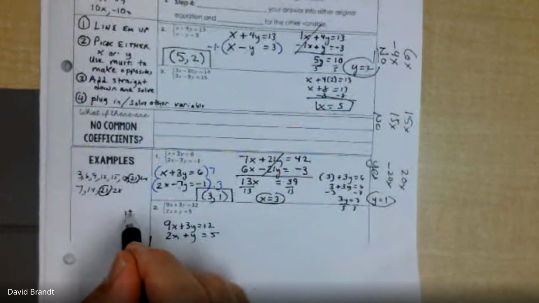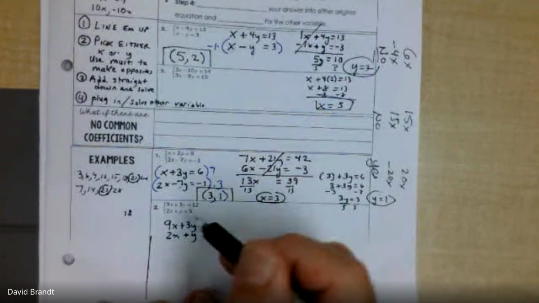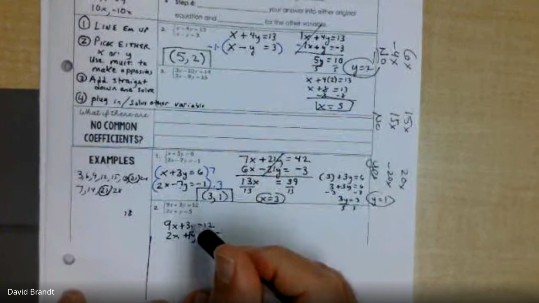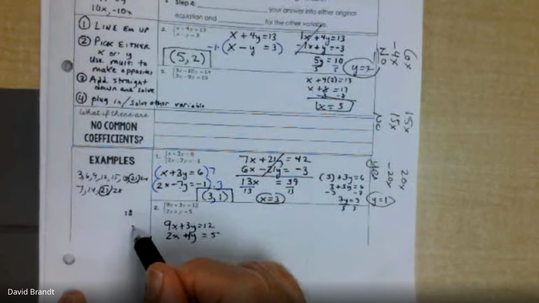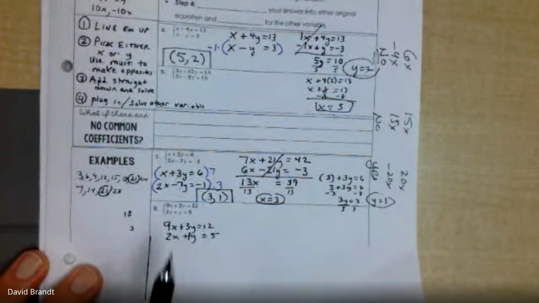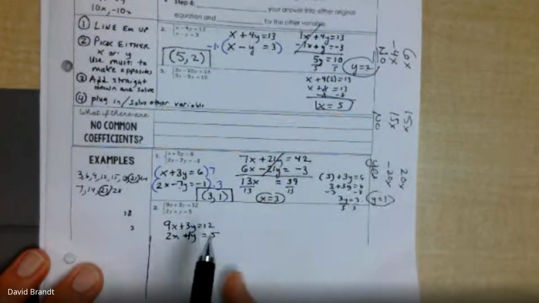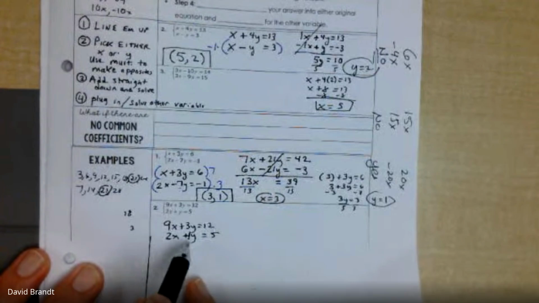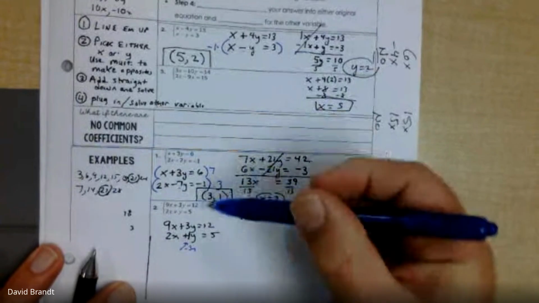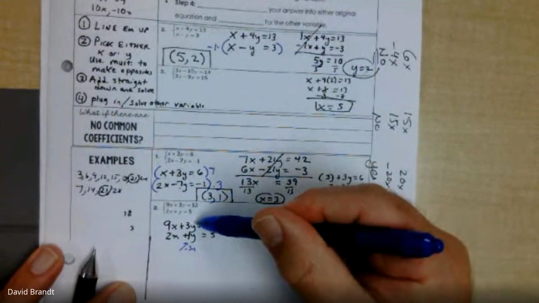Would I rather make 18 on the x's? And this one, there's a 1 in front if you don't remember. If you count by 3s and count by 1s, the first number you'll have in common is a 3. I think I'm going to do the y's because that's a smaller number. So my goal is to turn this y into a negative 3y. If I can turn that into a negative 3y, that'll be opposites with this 3y.